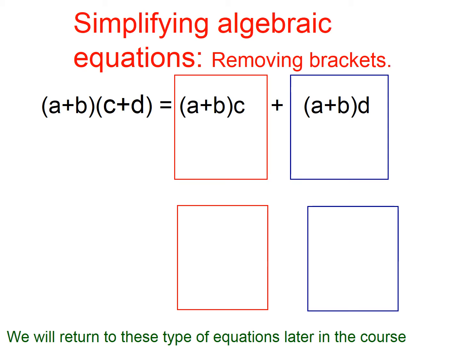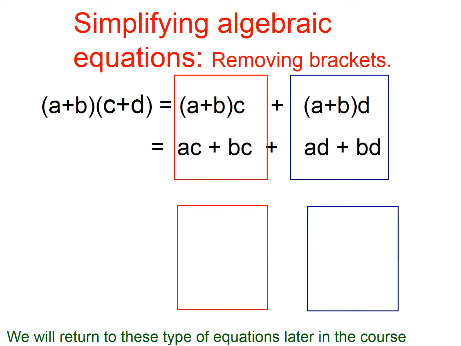But because we've got these pluses in here, we can separate out this bracket into the C part, C times AB, plus D times AB. So we do the first bit, C times AB, which would be AC plus BC, and then we do the same multiplying it out this side.